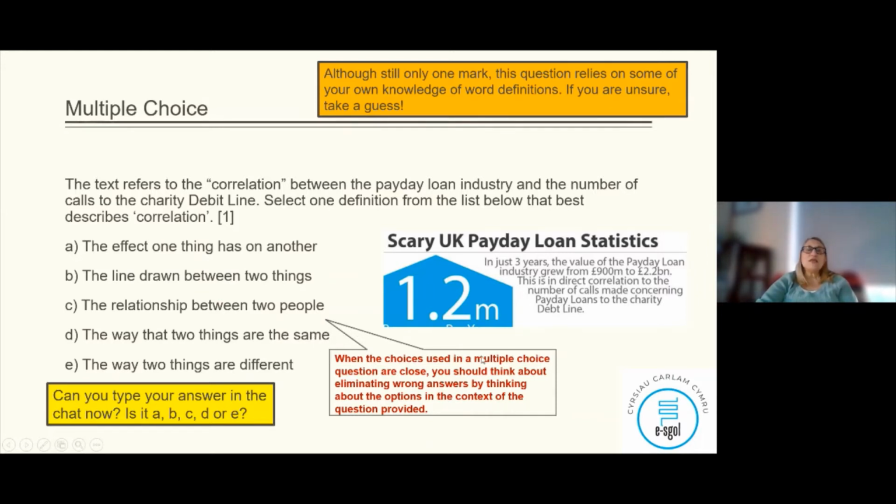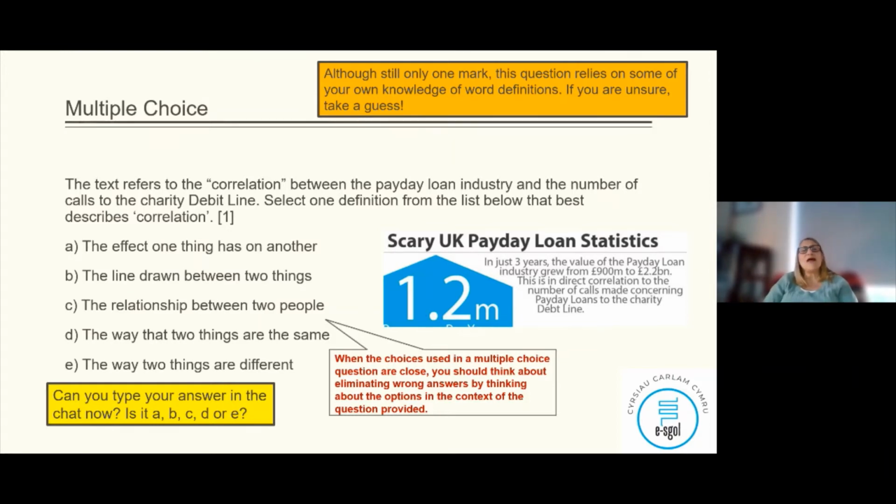The way that 2 things are the same. Okay, well, perhaps you could say that the way that the payday loan industry has risen and the calls to Debtline have risen, you could say that they are the same.